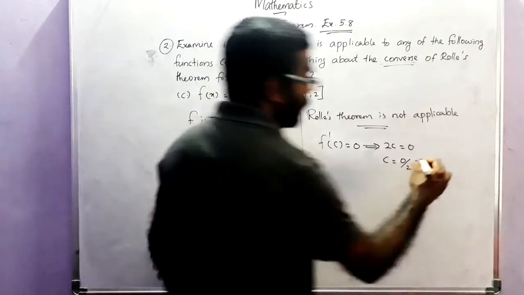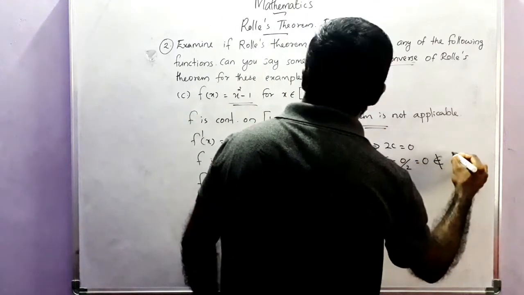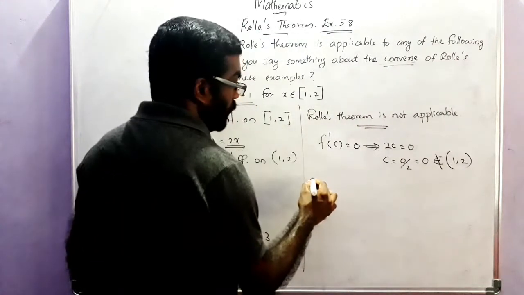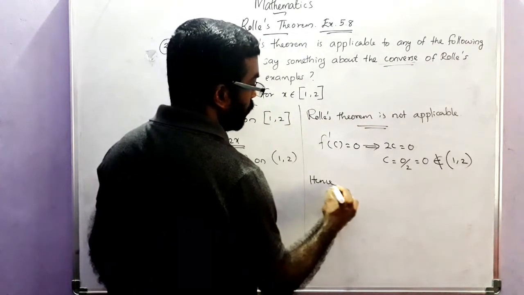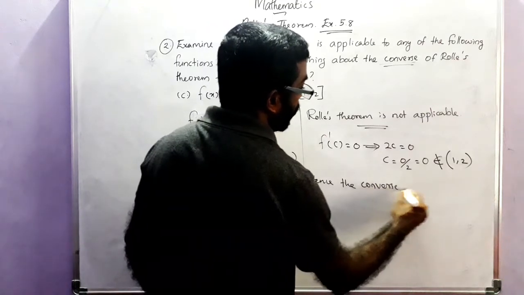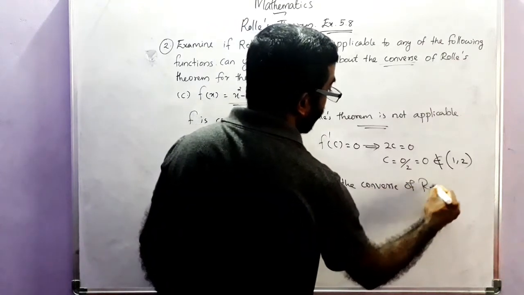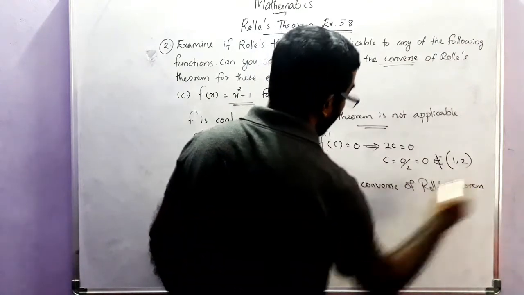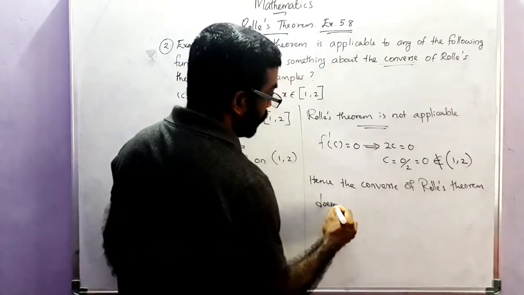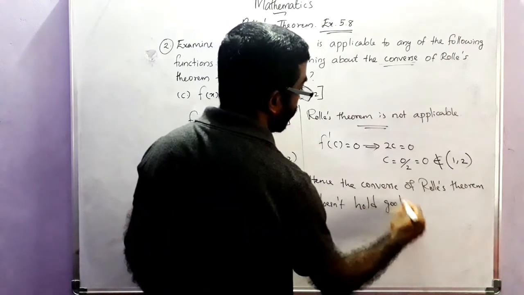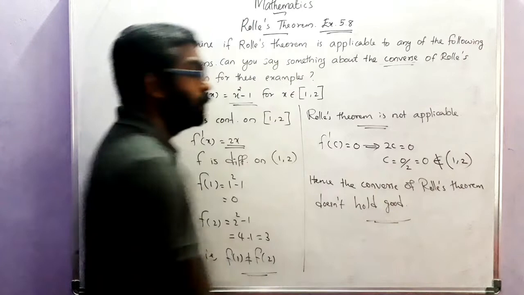No. So 0 doesn't belong to open interval (1, 2), and hence the converse of Rolle's theorem doesn't hold good. Understood?